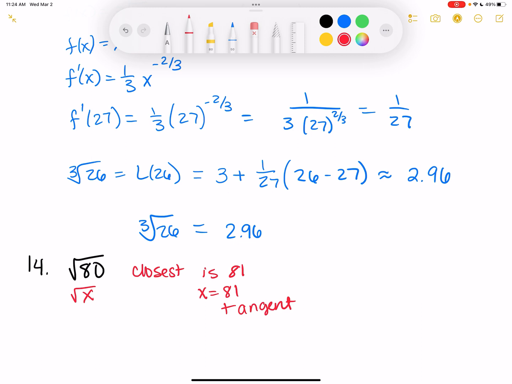Okay, so the tangent value, if x is 81, what is y? 2. I don't know how to find the y value. What's the square root of 81? 9. Okay. Well, because last time it was 3, and I thought it was because of Oh, yeah.